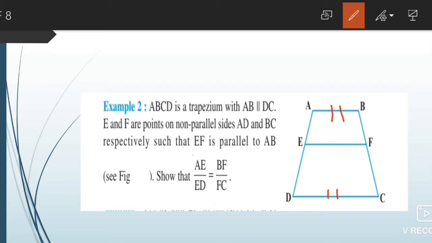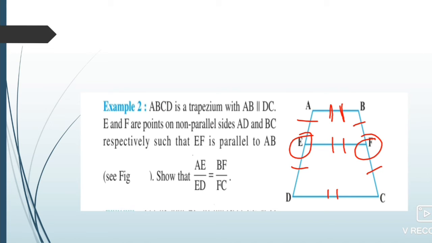E and F are the points on the non-parallel sides AD and BC respectively. EF is parallel to AB. You have to show that AE by ED is equal to BF by FC.